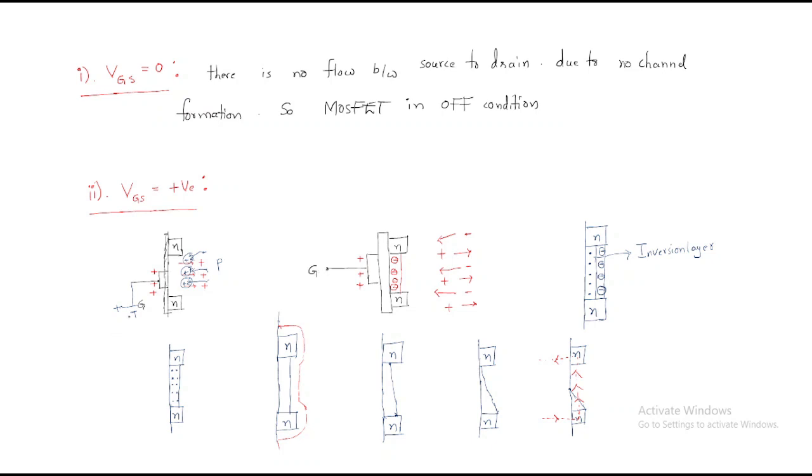Then automatically more holes will be pushed away. Holes mean positive charge carriers, and electrons are rushed towards the gate terminal, because here more holes will be available at the gate channel.